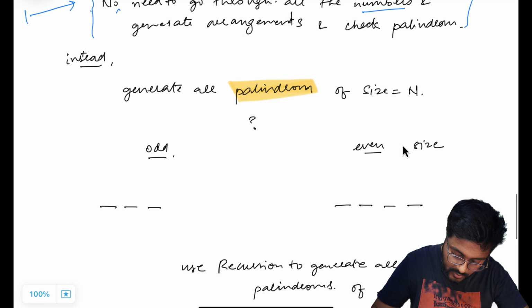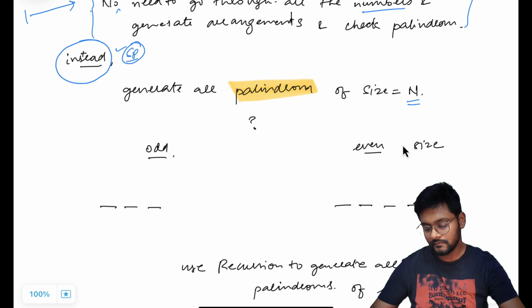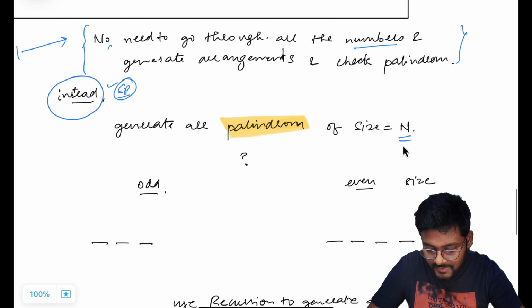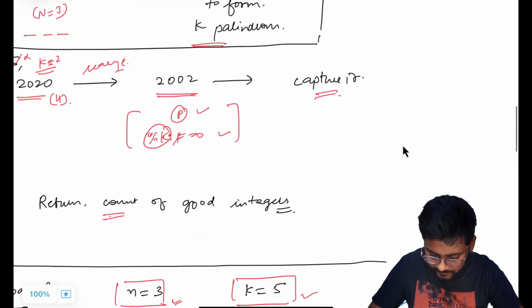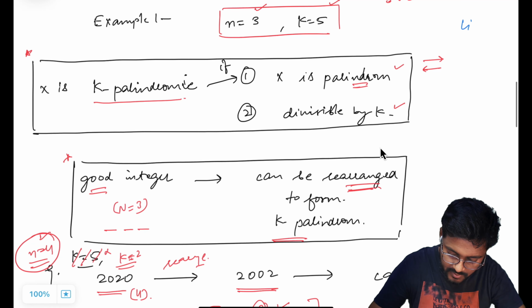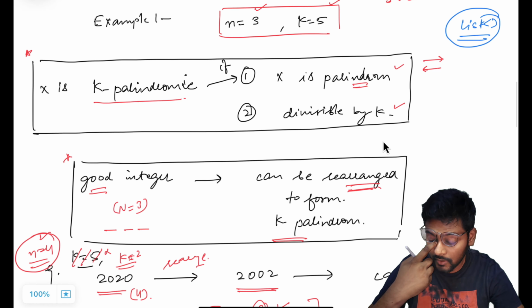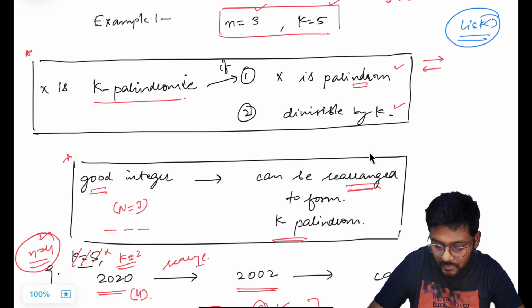So now our problem statement has a sub-problem, which is generating all the palindromes of size k. Let's say I have generated all the palindromes and those palindromes are in this list. Now, the first position of that palindrome should be divisible by k.